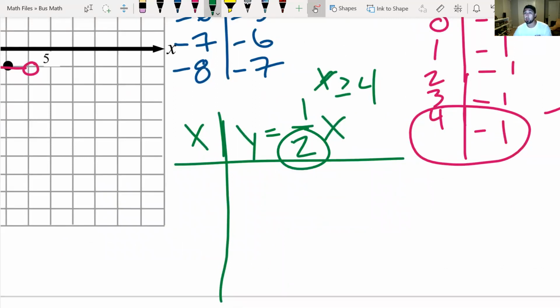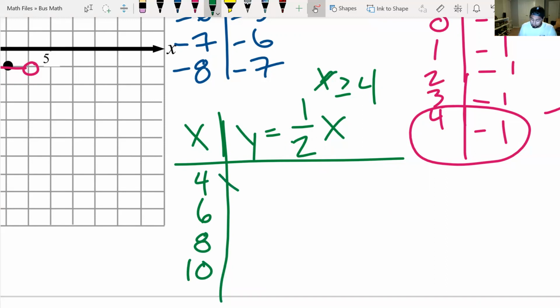Multiples of 2 that are greater than or equal to 4. And of course, we're going to start at 4. What else is a multiple of 2 that's bigger than 4? 6, 8, and 10. We'll stop there because that's all our graph can hold.